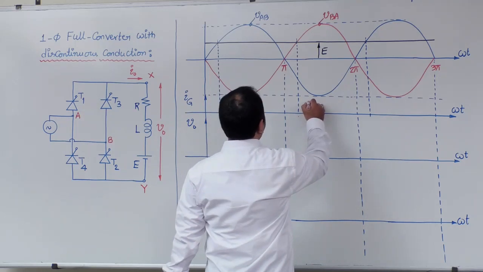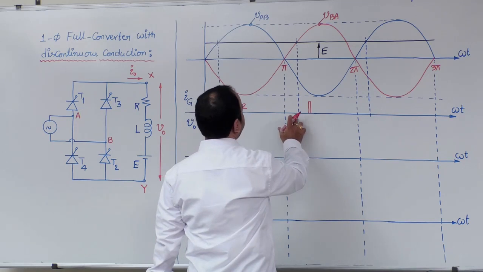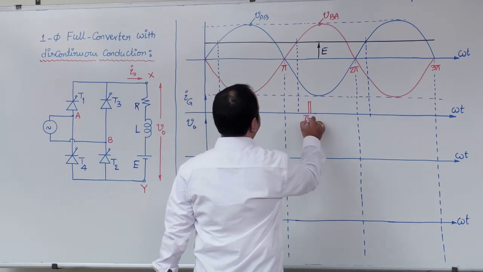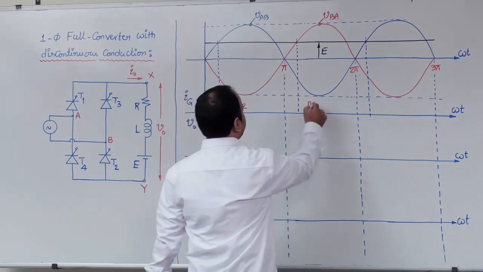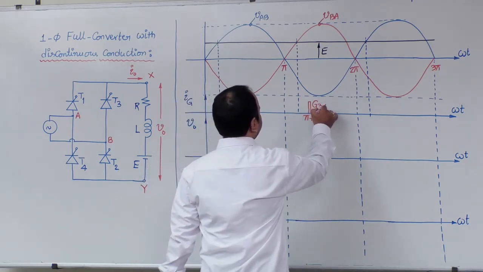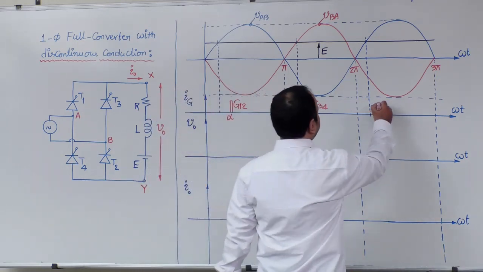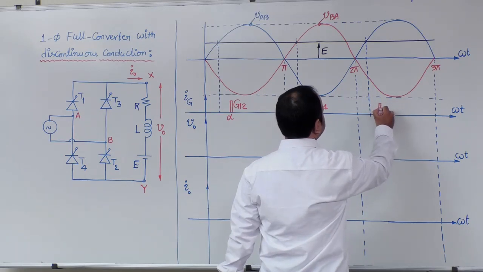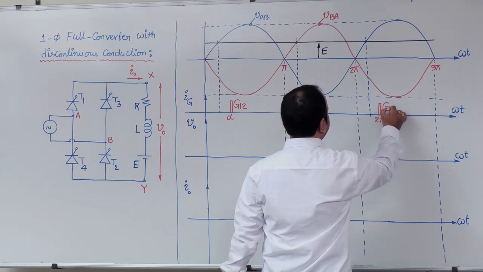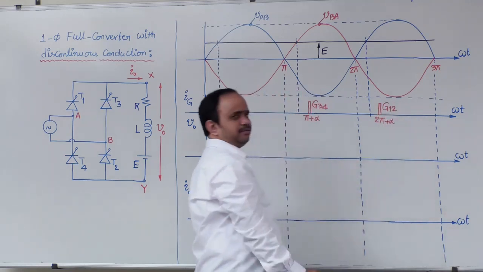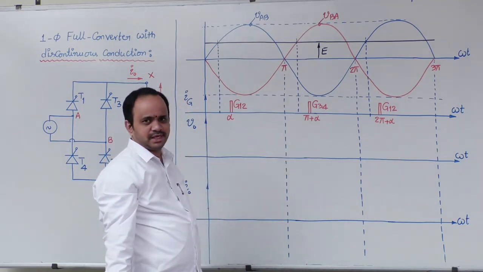At pi plus alpha, which is greater than pi plus theta, the second pair, that is the T3 T4 pair, is triggered. In the next cycle, at 2 pi plus alpha, the T1 T2 pair is triggered. This is the triggering sequence.